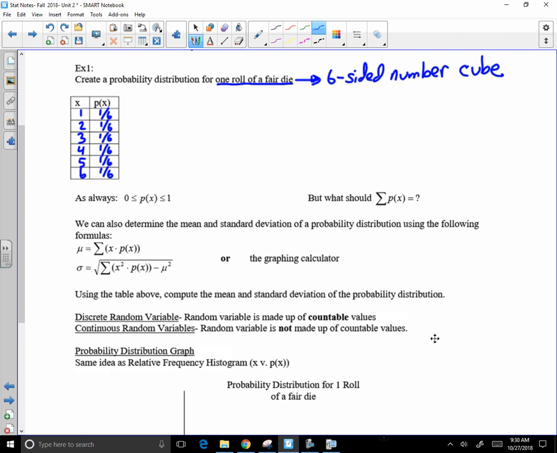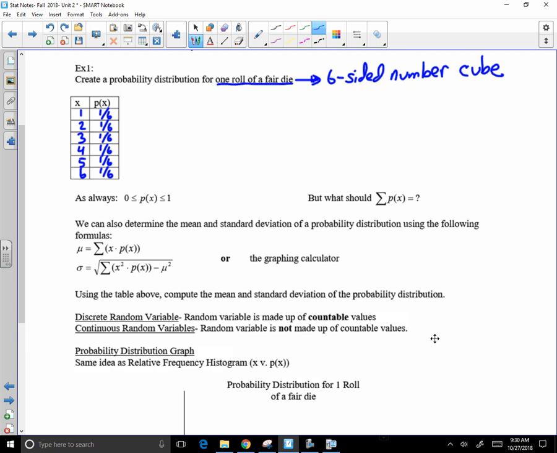I make a little note at the bottom, as always, P of X should be between 0 and 1. Now, that may seem unfamiliar, like P of X, what does that mean? That's the probability of the X values happening. And so all I'm saying there is that those probabilities that make up your chart, each one of them needs to be between 0 and 1. They still have to follow the rules of probability.